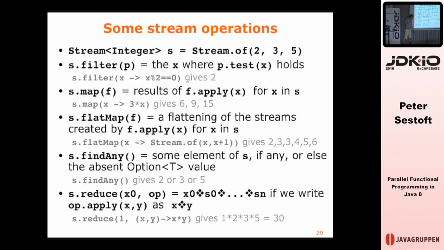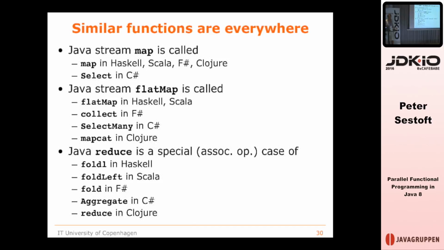And if that operation is associative, then this can be computed very fast. So s.reduce applied to 1 and the multiplication function gives the product of the elements. Applying it to 0 and plus will give the sum instead. Applying it to minus infinity and the max function will give the maximum of the elements and so on. So lots of things can be computed by reduction.